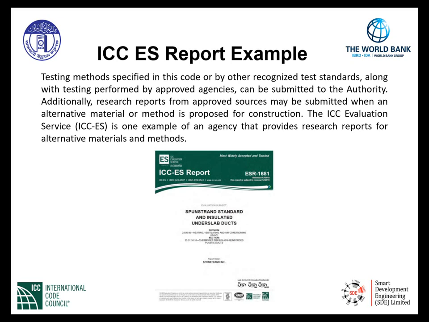These research reports from approved sources may be submitted when an alternative material or method is proposed for construction. The ICC Evaluation Service is just one example of an agency that provides research reports for alternative materials and methods.